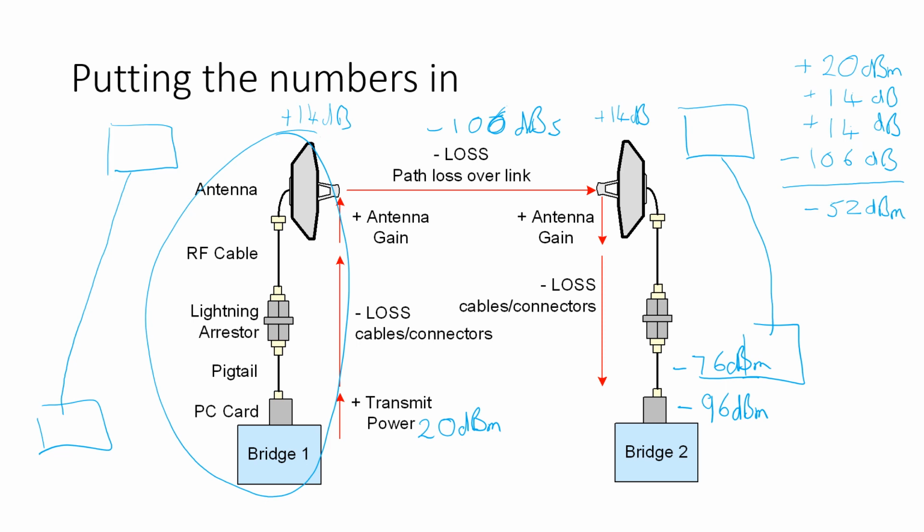So the big question is, is minus 52 dBm larger than the minimum receive power, which is minus 76 dBm? And indeed it is. It's considerably larger.